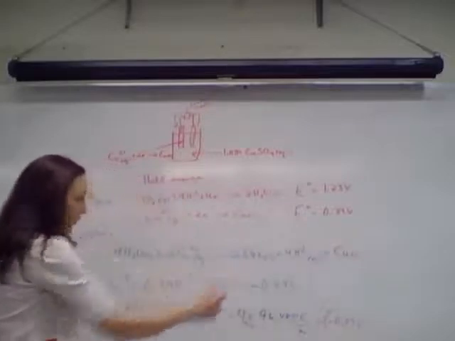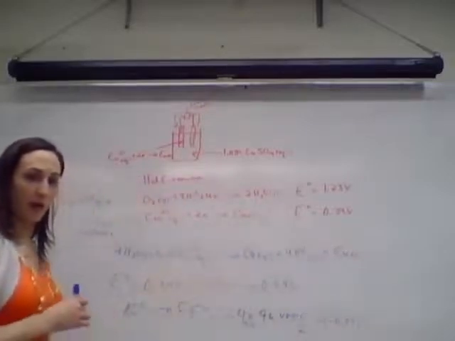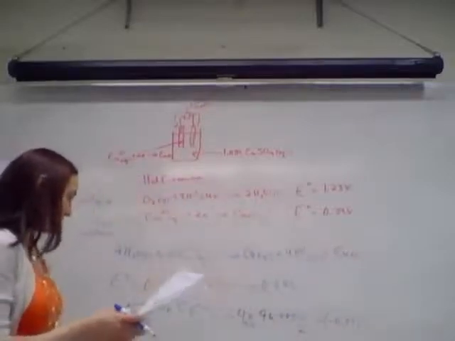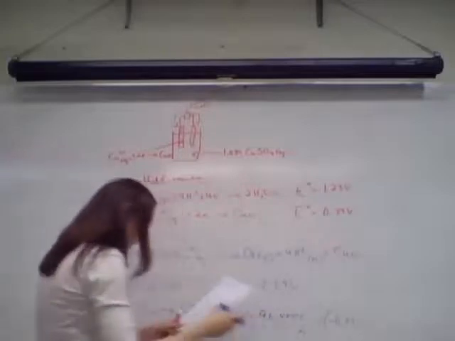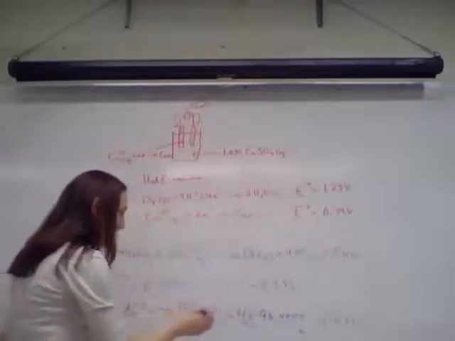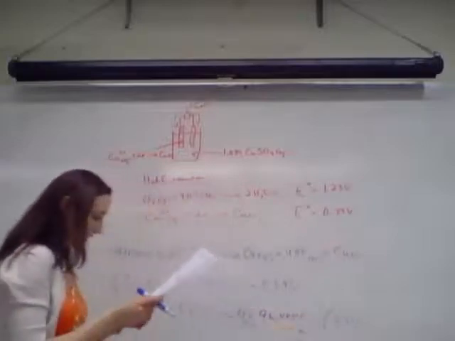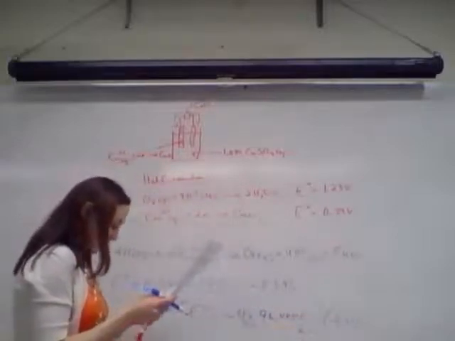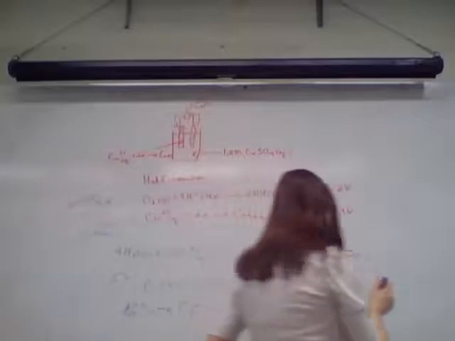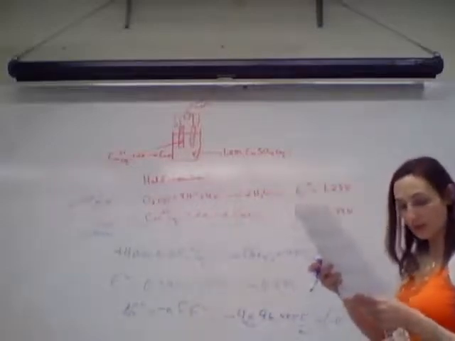Multiply all that together, voltage being in joules per coulomb. When I multiply all those values together, that gives me a positive value. Negative times a negative gives me a positive value. I'm going to keep it down to 2 significant figures because this number only had 2 significant figures. And so that's going to give me 343,487 joules.